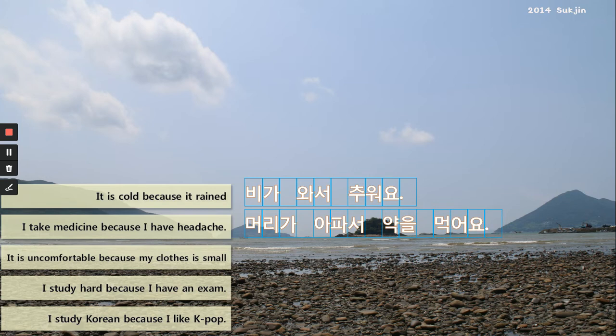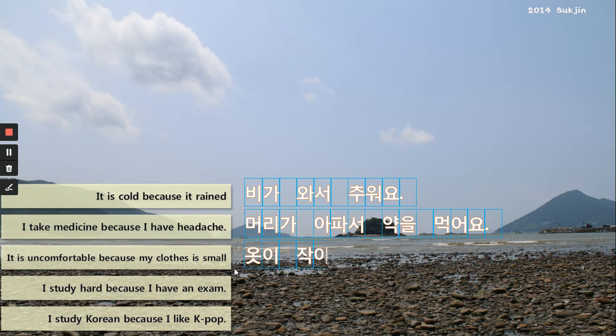머리가 아파서 약을 먹어요. It's uncomfortable because my clothes are small. Okay, my clothes, my t-shirts or my pants are small. My clothes, 옷. We usually omit the possessive "my." So 옷 and subject marker 옷이, small 작다.